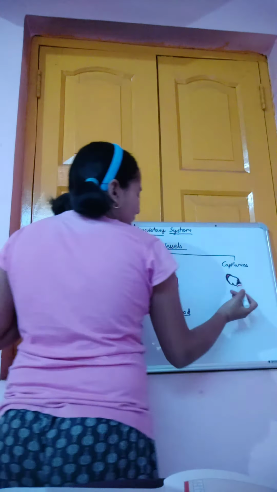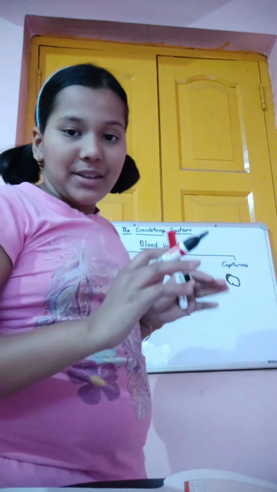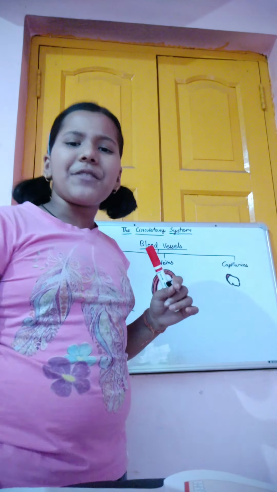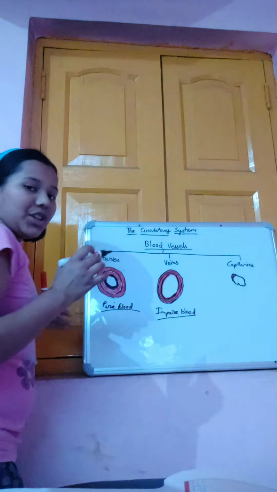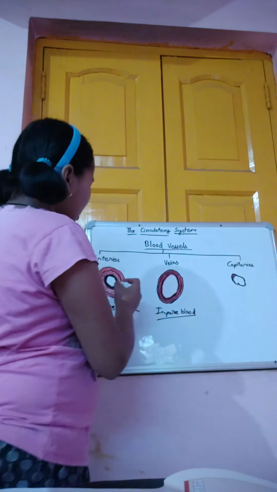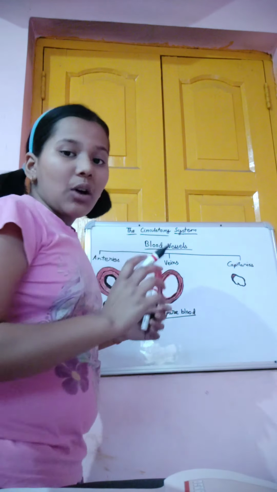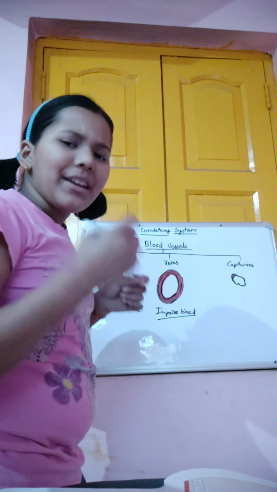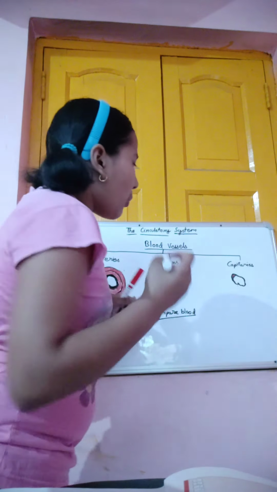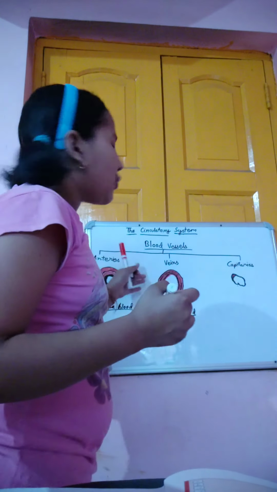Now, capillaries. They are the thinnest blood vessels. They also have different functions. Arteries, as we knew, are very thick, the thickest of all the blood vessels. Because they are thick, they don't reach all the organs and all the cells. To reach every cell and every organ, we need something thinner. The veins won't help.